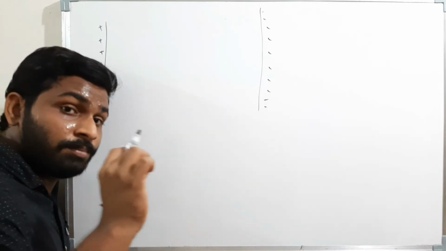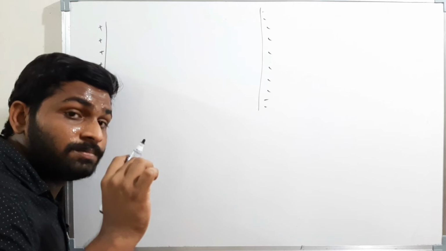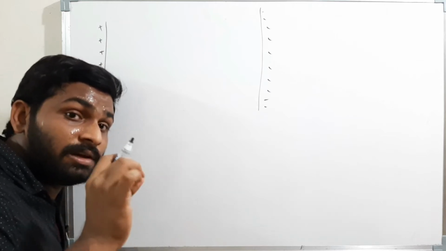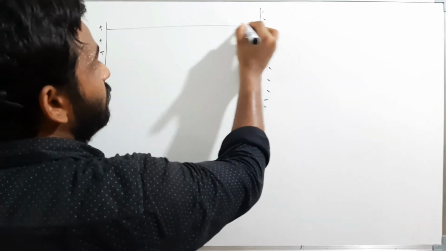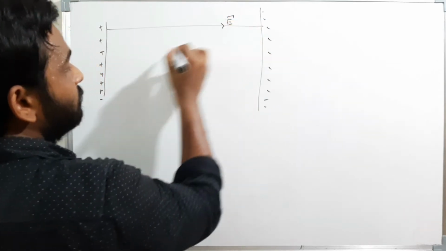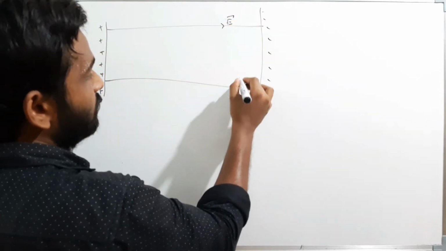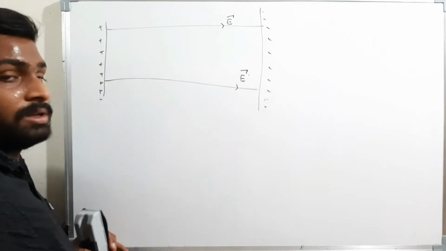Always remember, between two parallel plates, the electric field is uniform. This is the electric field direction, E bar.